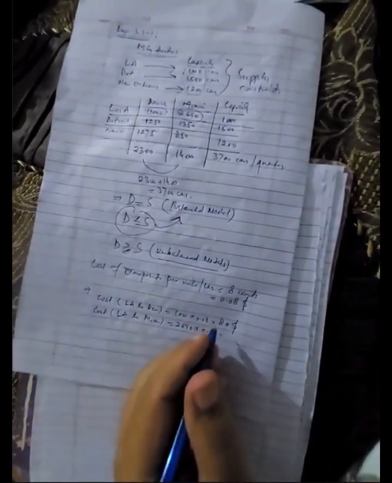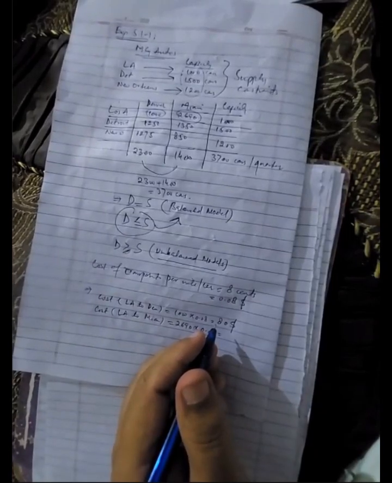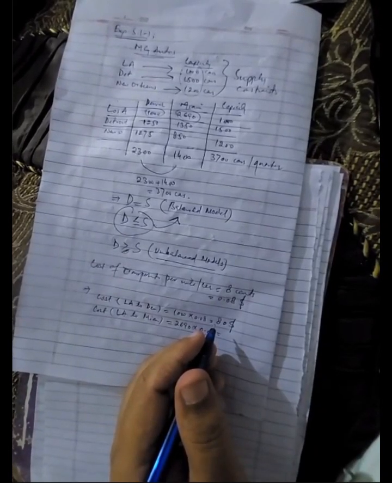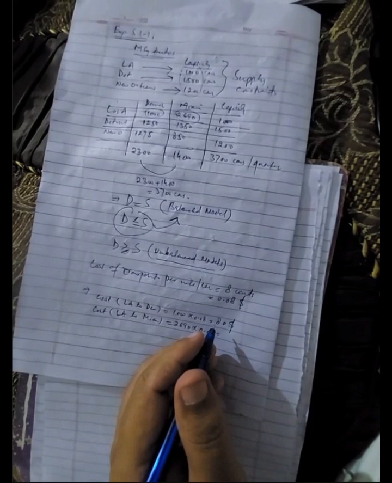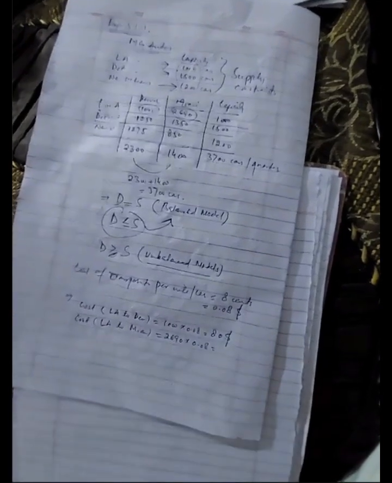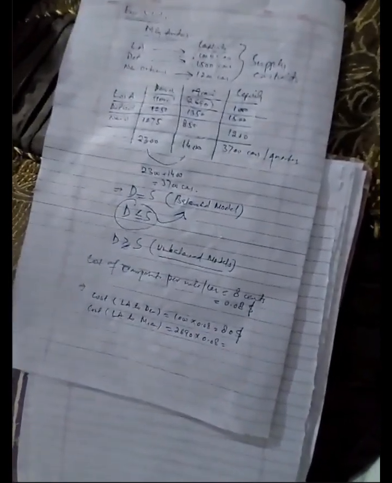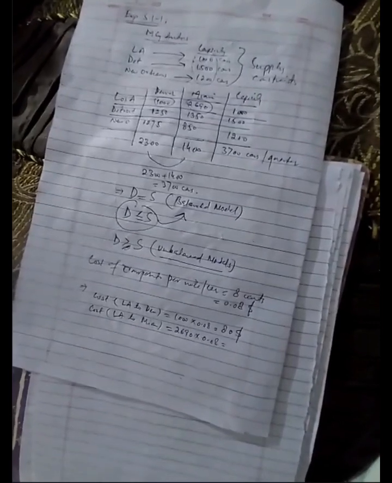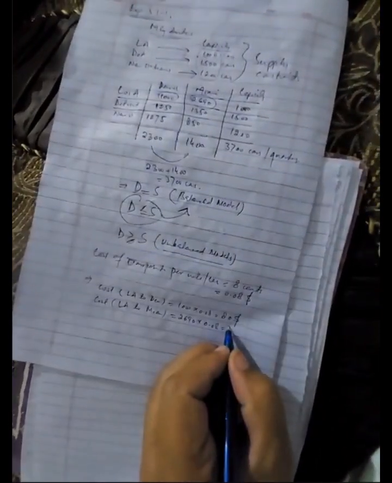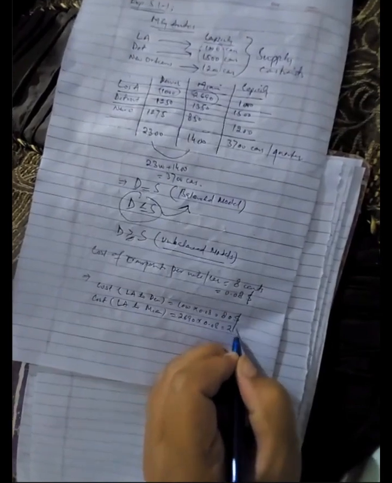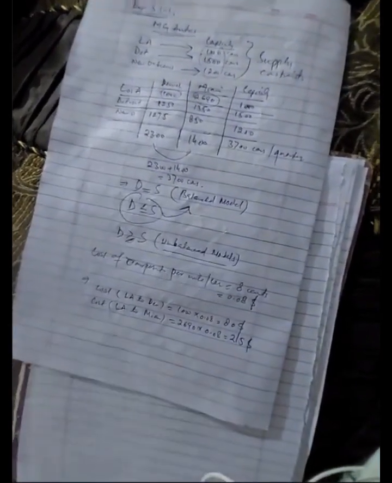Similarly, the cost from LA to Miami is equal to 2690 multiplied by 0.08. Let me calculate it. It will give us $215.